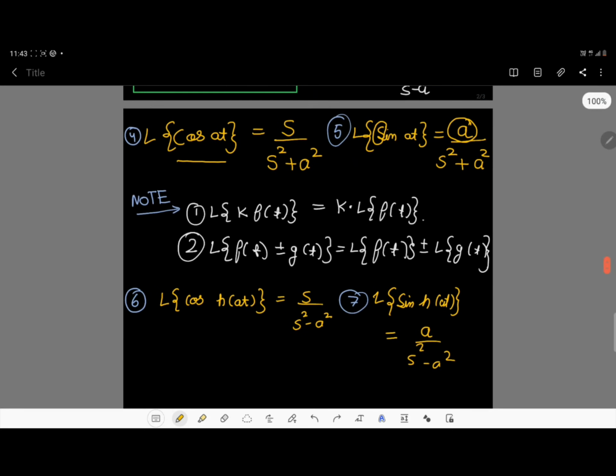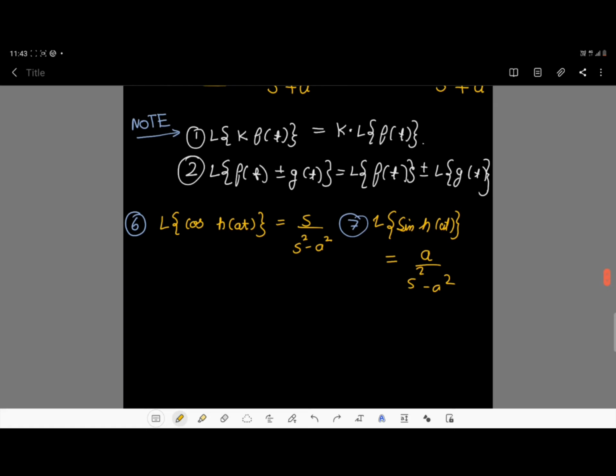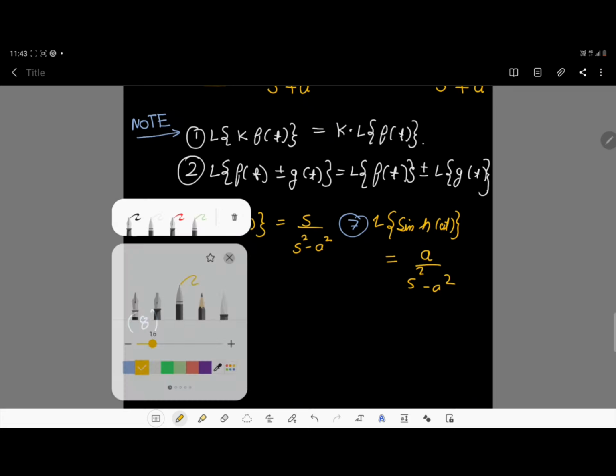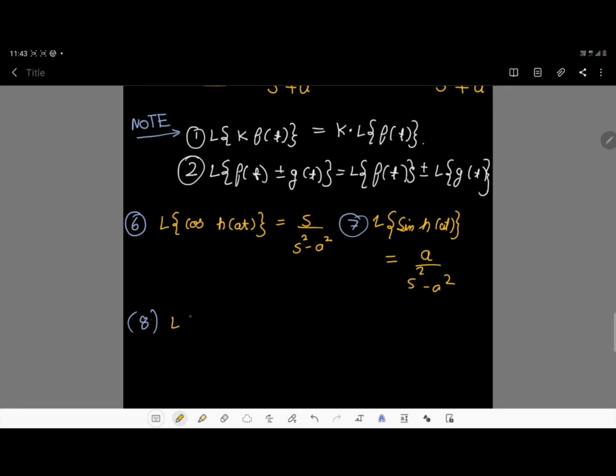So these were the Laplace transforms of trigonometric functions. The eighth one is about t raised to power n. The Laplace transform of t raised to power n is equal to factorial of n plus 1 upon s raised to power n plus 1, which is equal to n factorial upon s raised to power n plus 1.